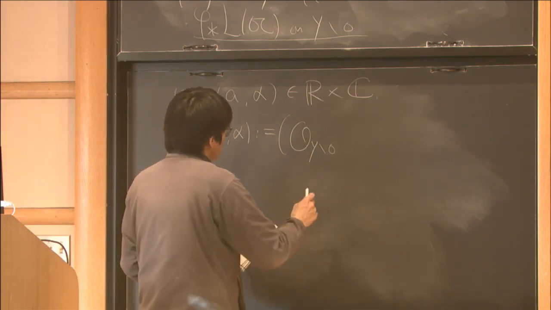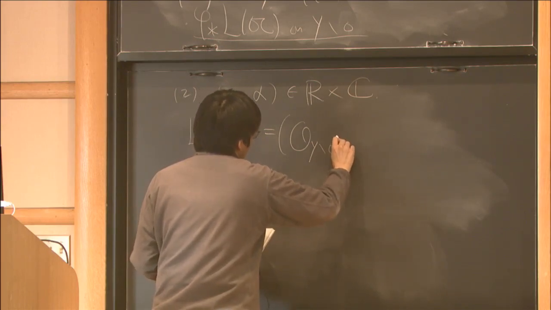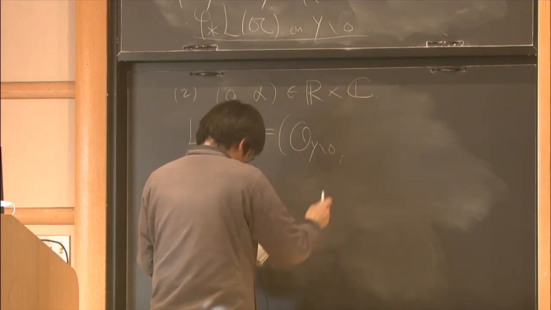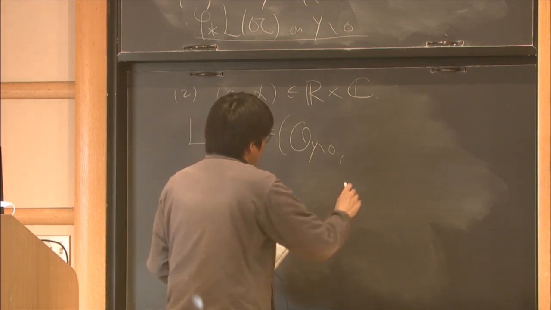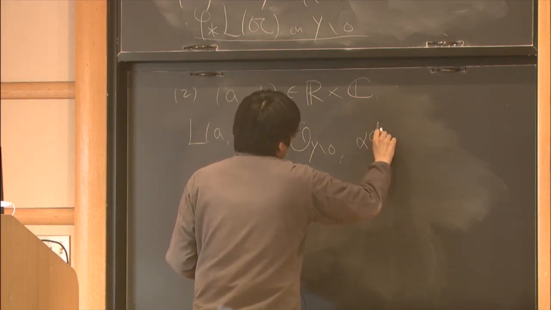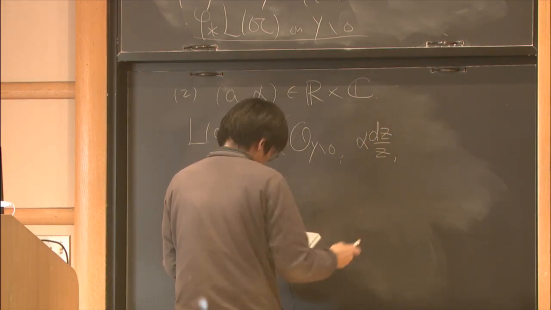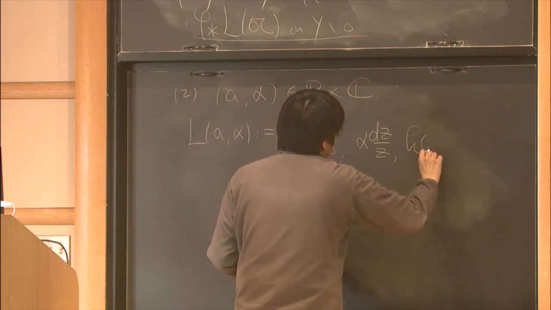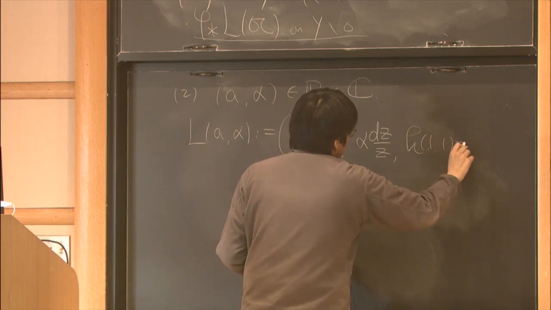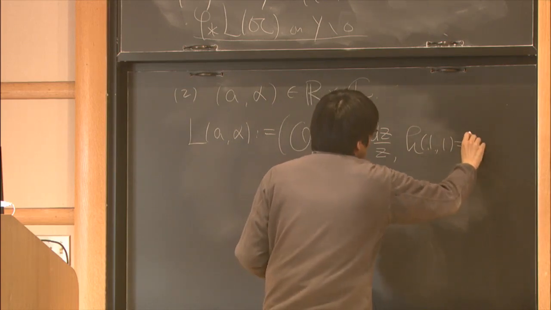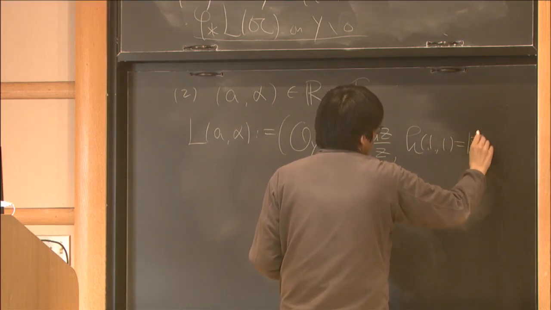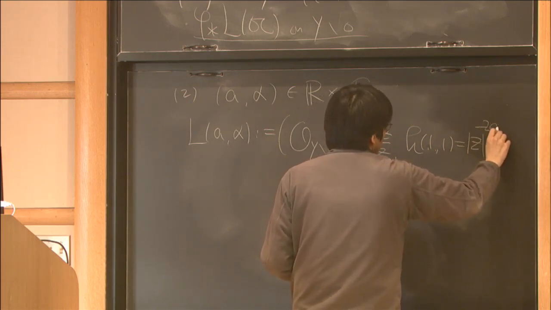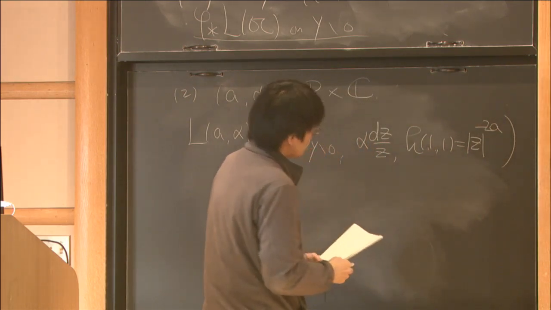So I take Y minus 0, and the Higgs field is given by alpha dz over z, and the metric h is given by |z|^(-2a).